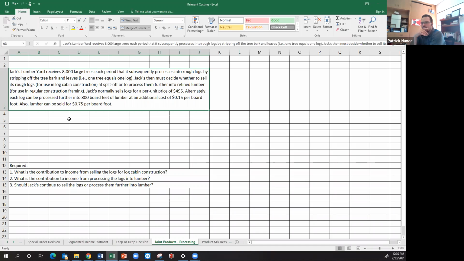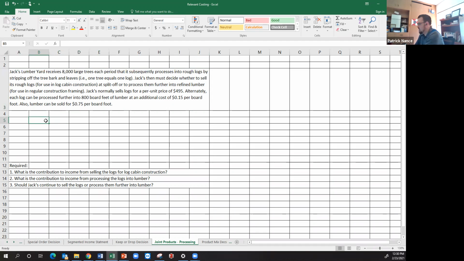Jack normally sells the log for a price of $495 per unit. It's an important number. It's $495 per log, which is the unit. This is the price per log. And then it says that alternatively, they can be processed further into 800 board feet of lumber at an additional cost of 15 cents per board foot.